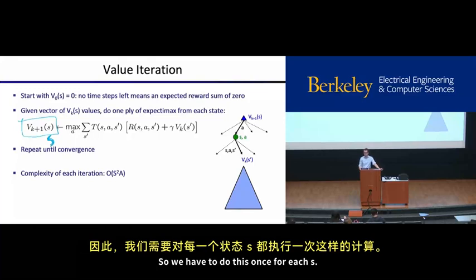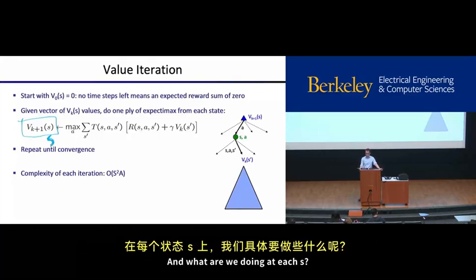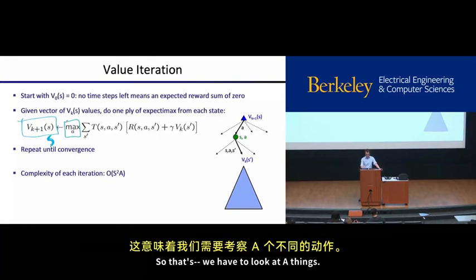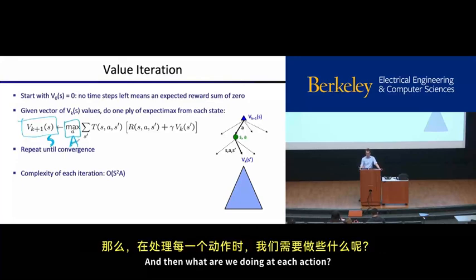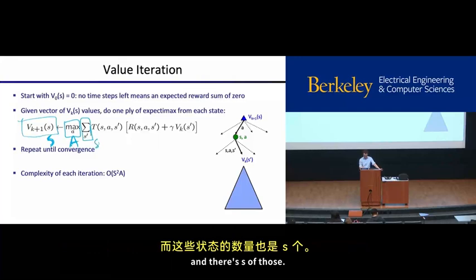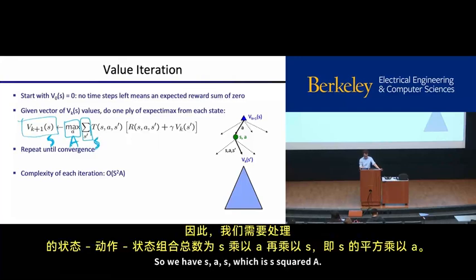So we have to do this once for each s. And what are we doing at each s? Well, we're taking a max over actions. So we have to look at a things. And then what are we doing at each action? Well, we're looking at all the possible next states we could end up in. And there's s of those, right? So we have s, a, s. This is s squared a.